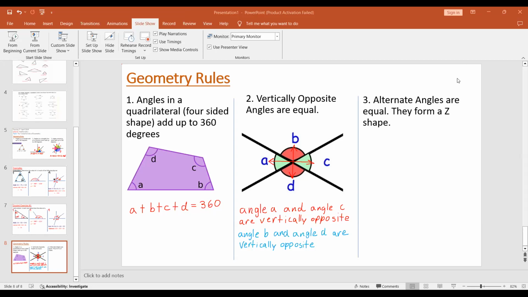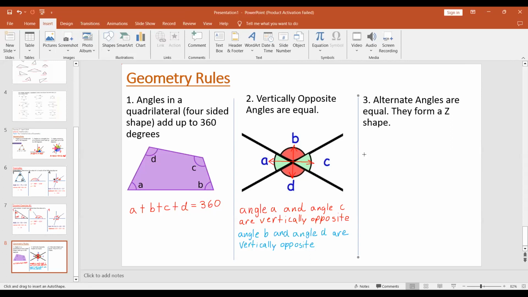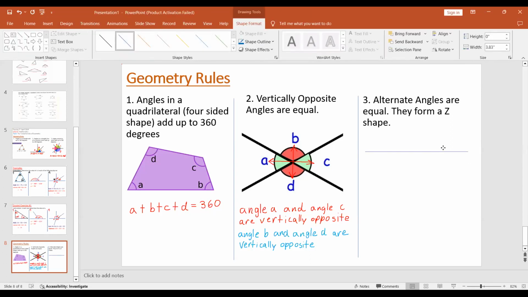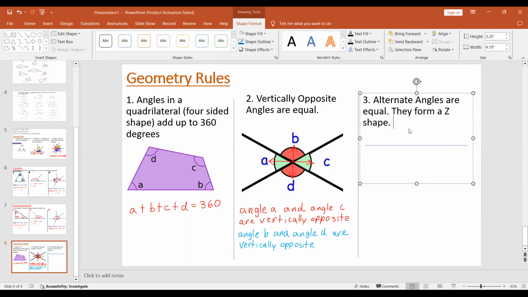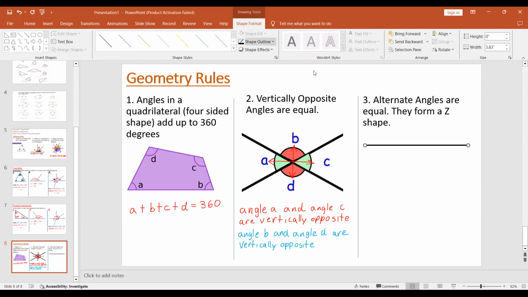Start with E. Alternate angles are what? Alternate angles are equal. All right, so alternate angles are equal.